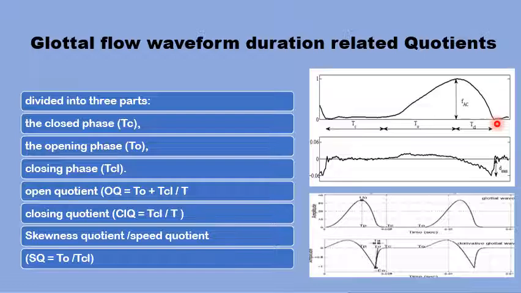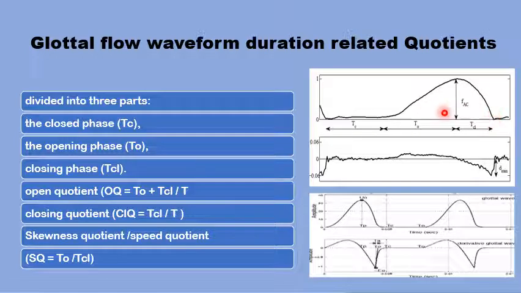Now, the open quotient is the sum of the opening phase and the closing phase divided by the total duration of the cycle. During the open quotient part, the glottis is open. It's opening here and it's closing here, but there is some flow during these two phases.